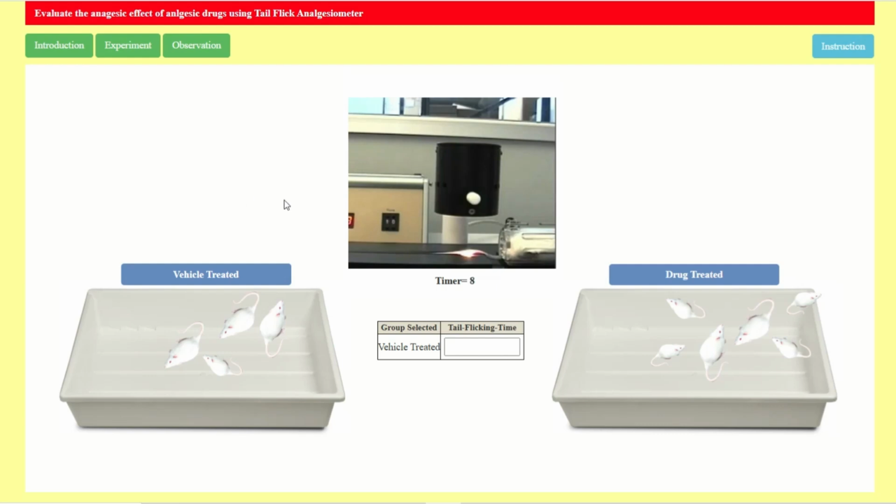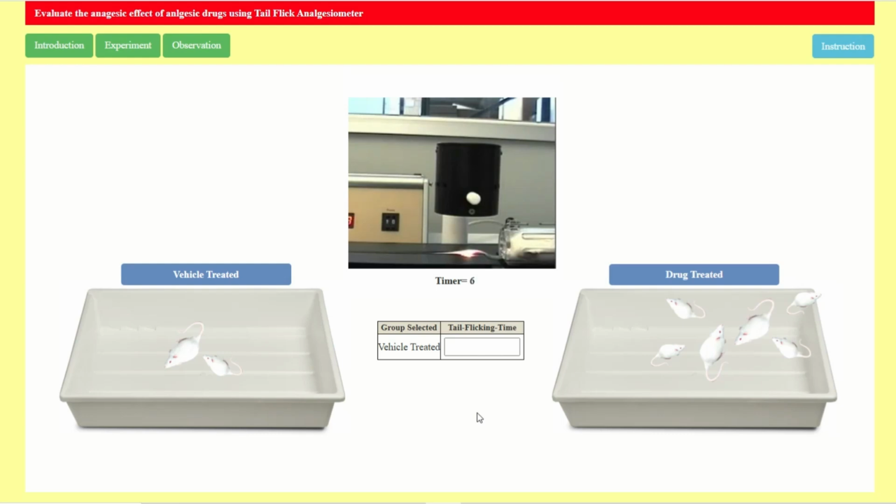While we are applying the heat, it has taken 10 seconds. We will select the next animal, the third one. It has taken 13 seconds. Now we will check the next animal.